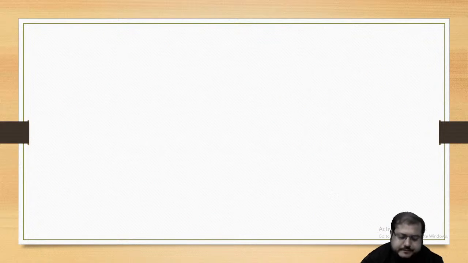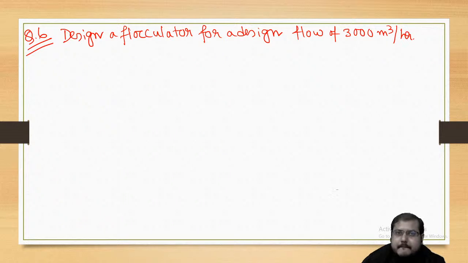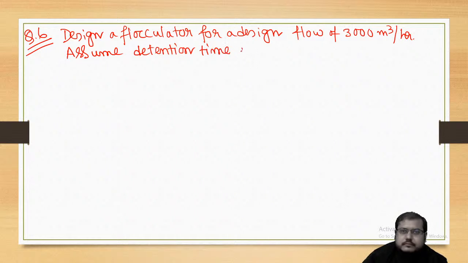Now, going for the next question, question number 6. Design a flocculator for a design flow of 3000 meter cube per hour. Assume detention time as 20 minutes.